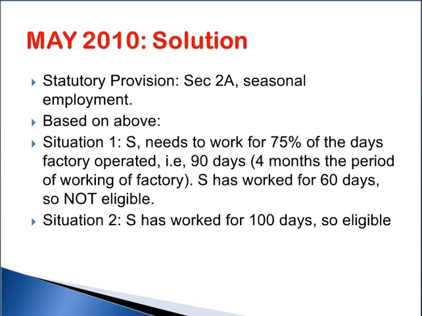In situation 1, it is given that S has worked for 60 days. If we calculate 75% of the days for which factory is operating, it comes to 90 days. The total period of operation given in the question is 4 months. That means S in situation 1 is not eligible as he has worked for a period less than 90 days.